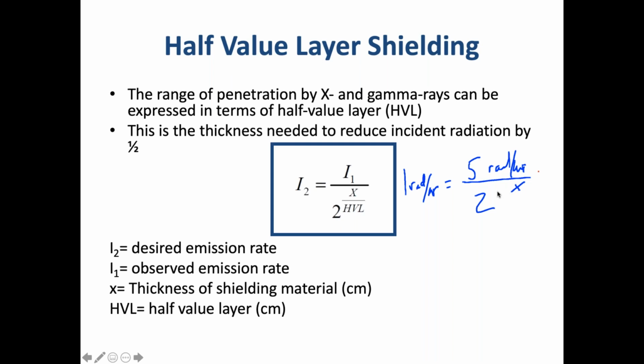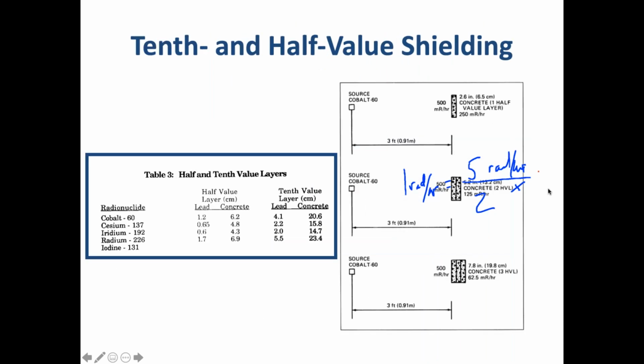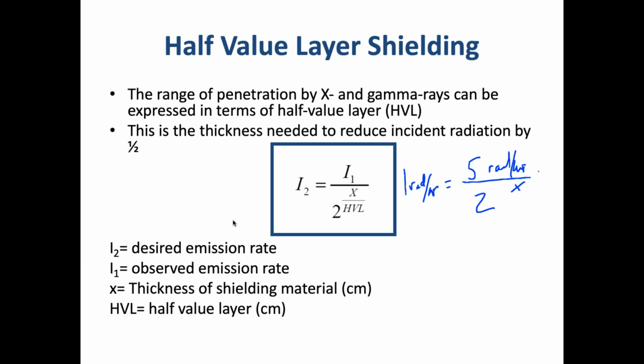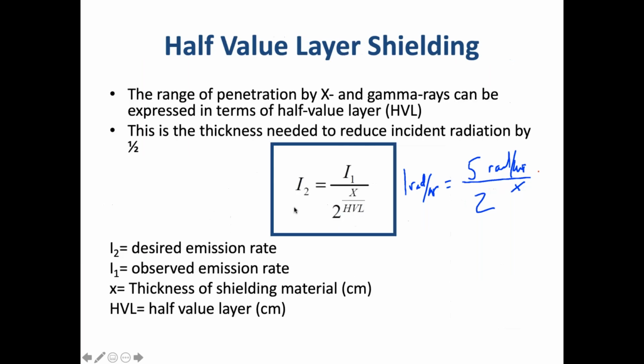Let's go back here and see the half value layer. The half value layer for cobalt-60, and we're just working with lead. Is that what the problem said? Lead, okay. The lead half value layer is 1.2 centimeters.